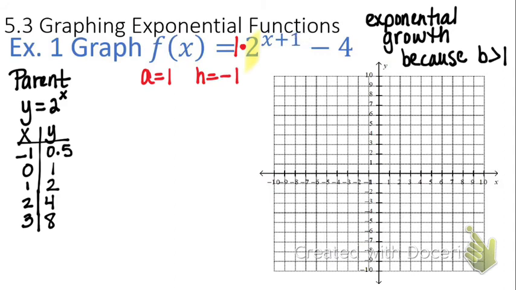Negative 1. k, this is your k value, is negative 4. In your textbook for your homework, for some reason, sometimes they put this number first. So in your homework, it might say negative 4 plus 2 to the power of x plus 1. So it's the same thing though. So just know that.